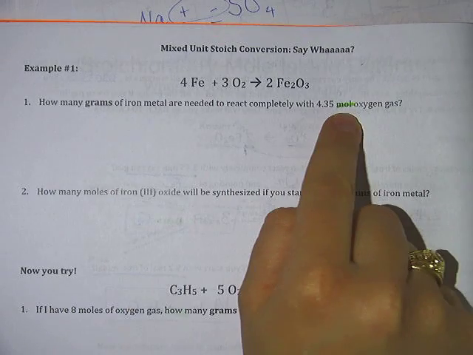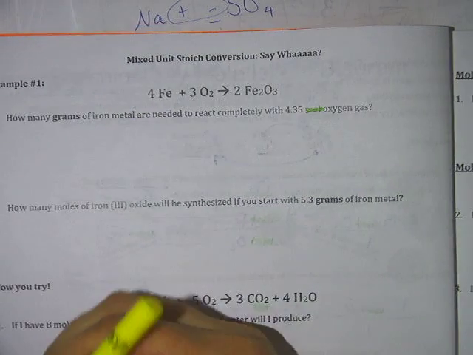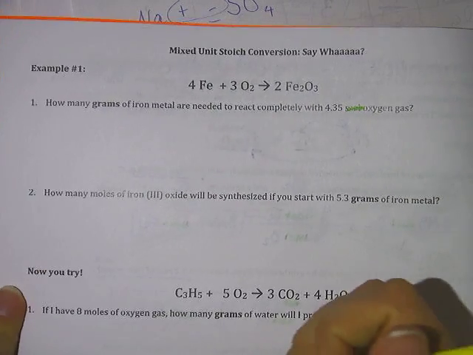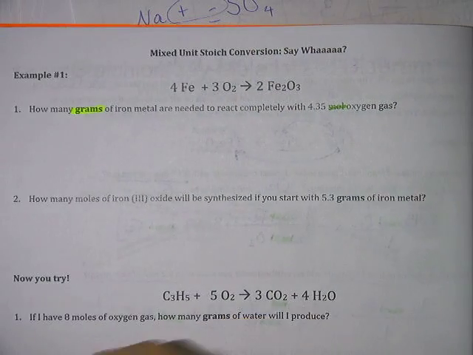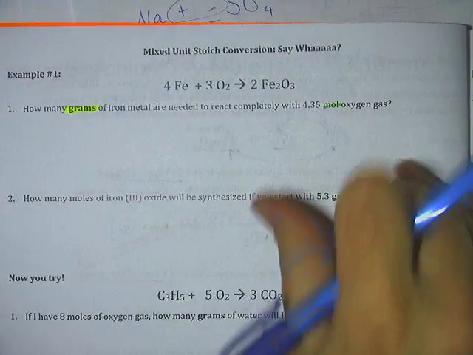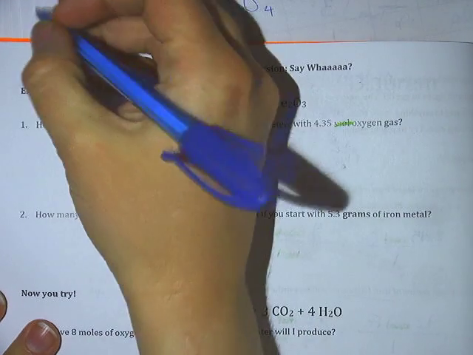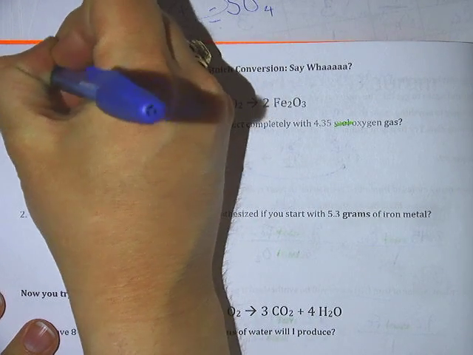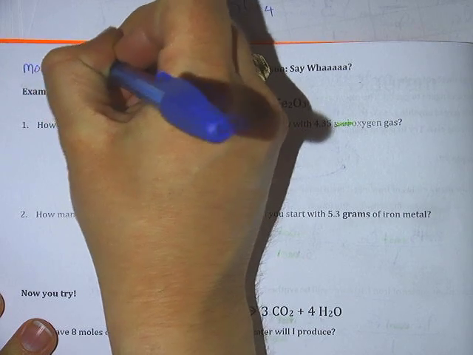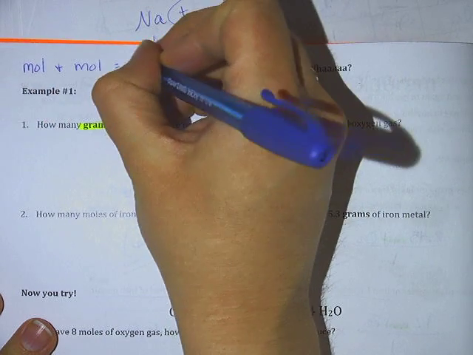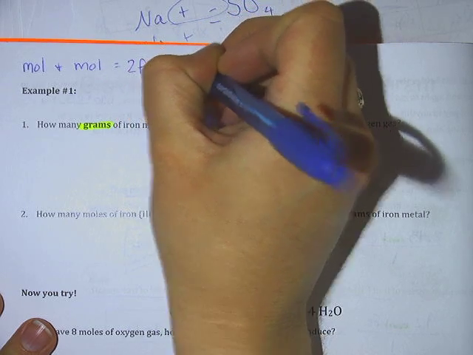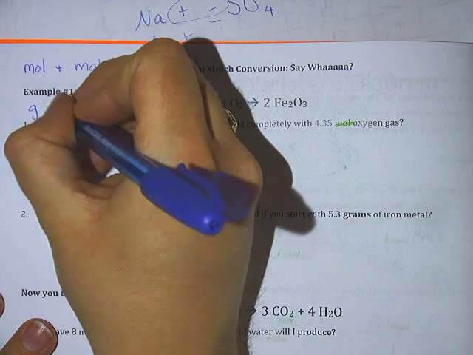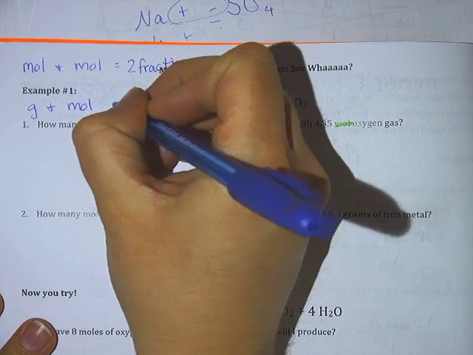If you read number 1, the number they give you is a number of moles. But if you look, they are not asking you to find moles as your answer. They want grams. So we have kind of a new rule here. On page 9, we did moles and moles, which was 2 fractions. On this page, we're adding the possibility of mixed between grams and moles.